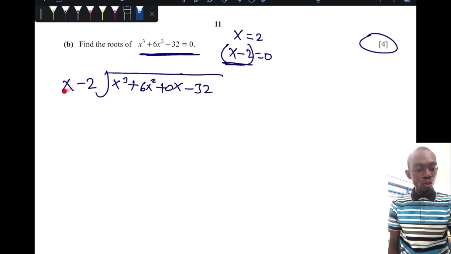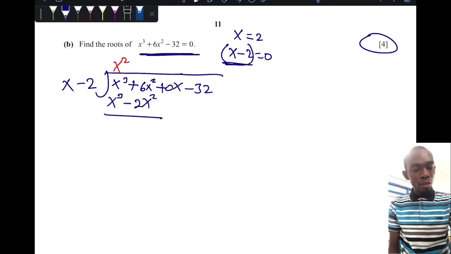x will divide x cubed x squared times, right? So let's write the answer in red, and then you use this to multiply the divisor. So you get, in black, x cubed minus 2x squared, and then you subtract.